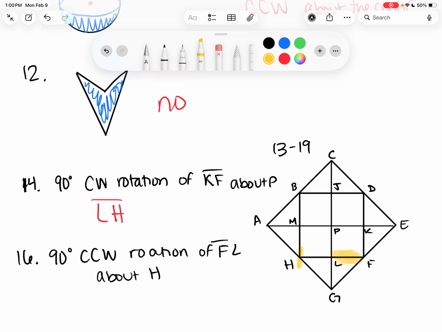So counterclockwise would mean that I'm going this way. 90 degrees around would be what? BN. Yep. So notice it's over here off of H, so then it's up here off of H that way. So BM.